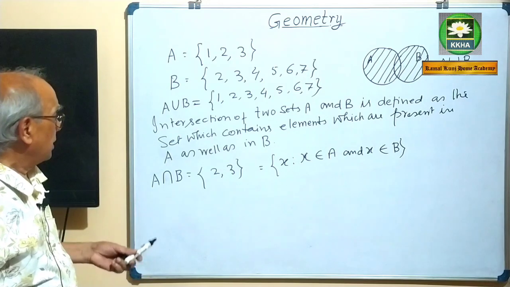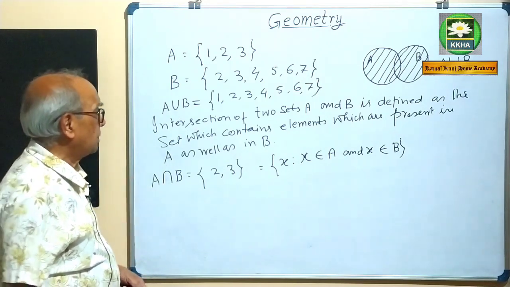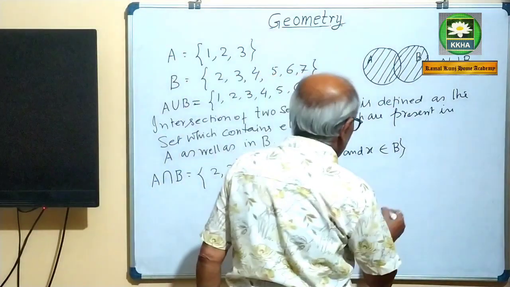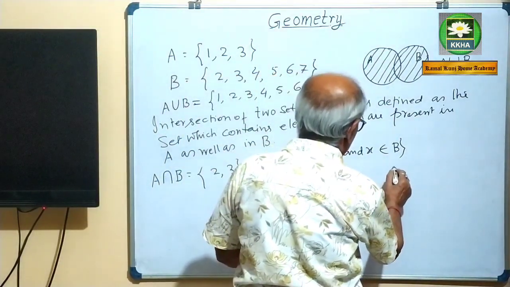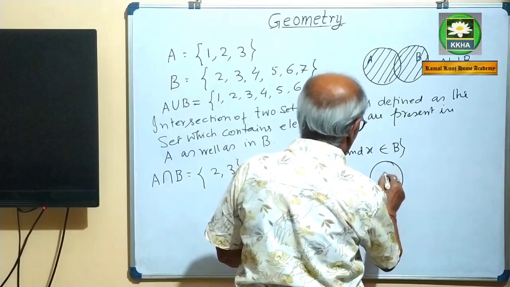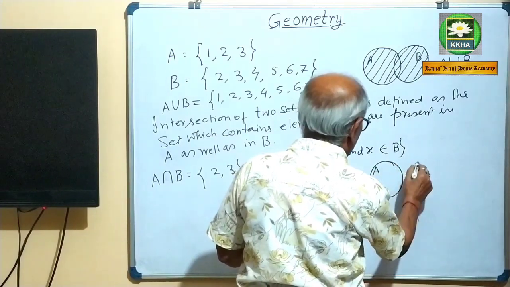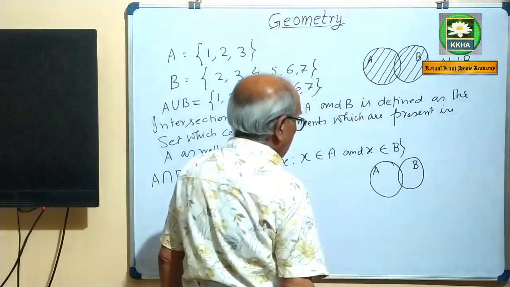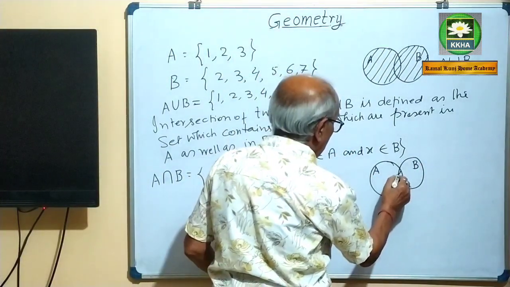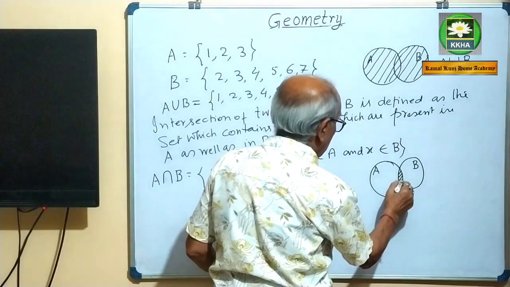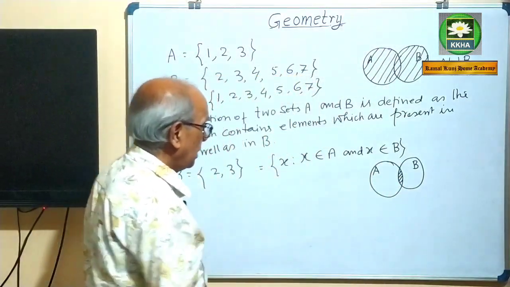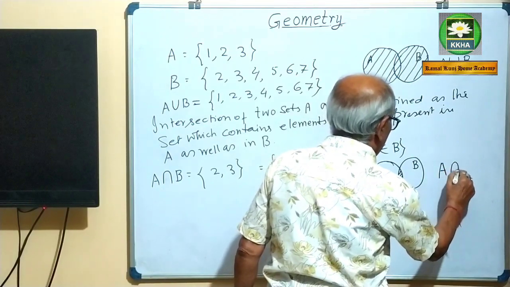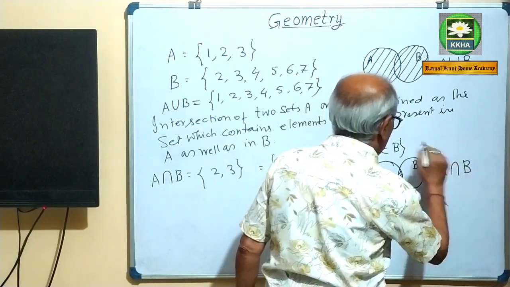This is called intersection of two sets. Diagrammatically it will be represented as, suppose this is set A and this is set B. So what is common? This is the common portion. So this will be intersection of A and B. This is A intersection B.